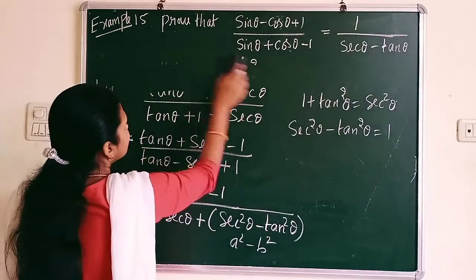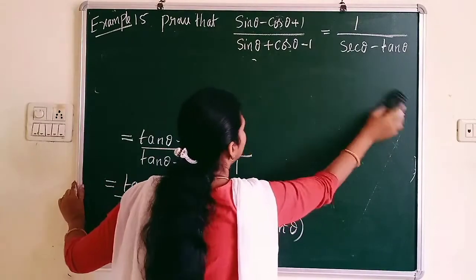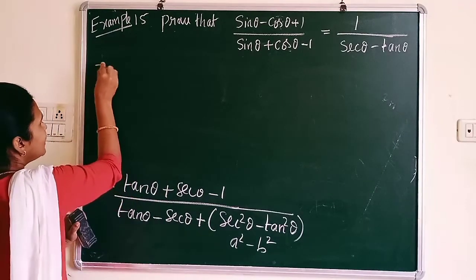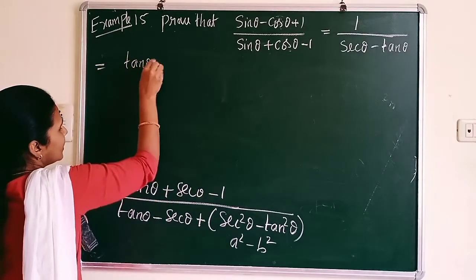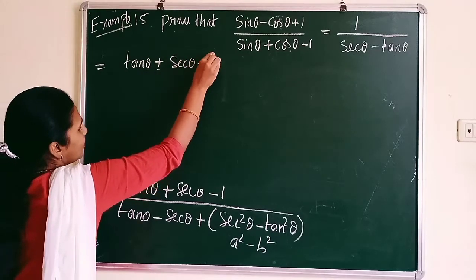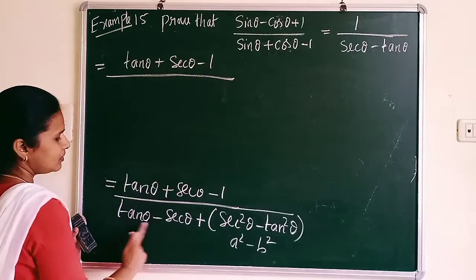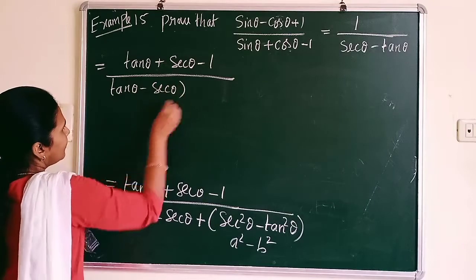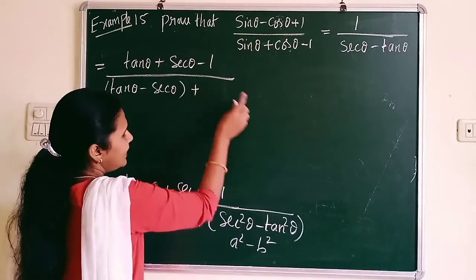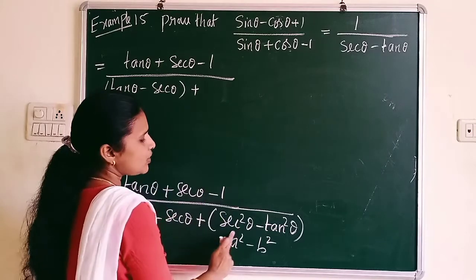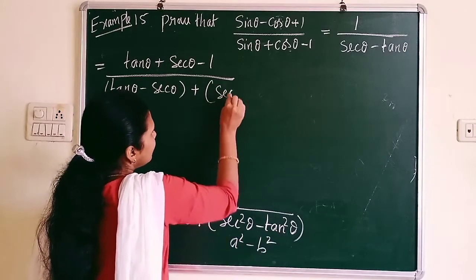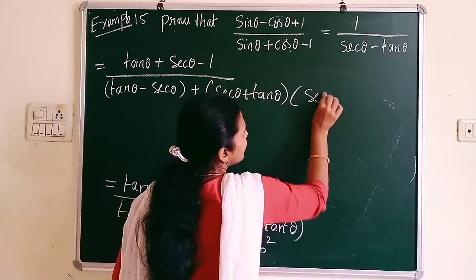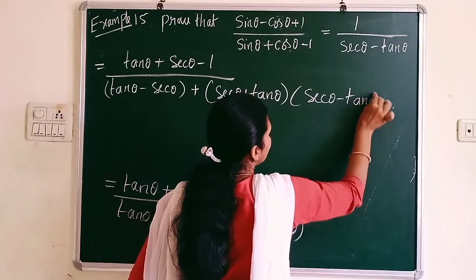So now here you write this numerator again as it is, tan theta plus secant theta minus 1 whole divided by, write this also as it is, tan theta minus secant theta plus, using the algebraic identity, secant square minus tan square can be written as secant theta plus tan theta into secant theta minus tan theta.